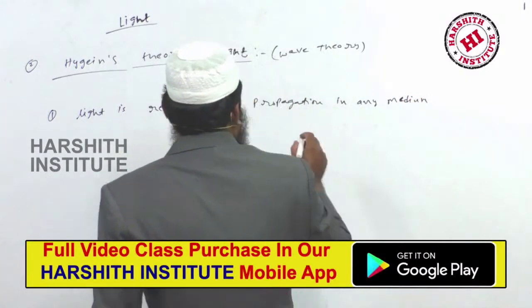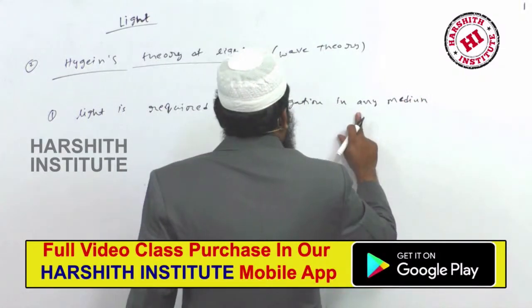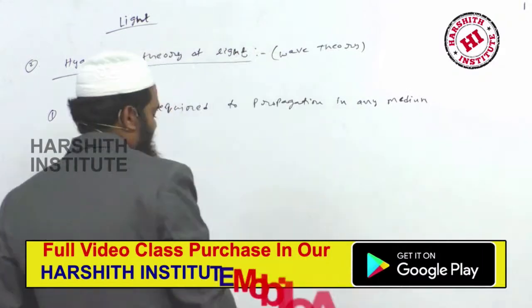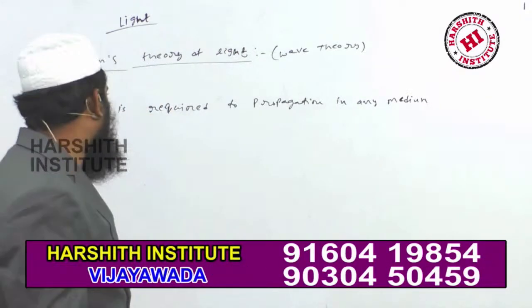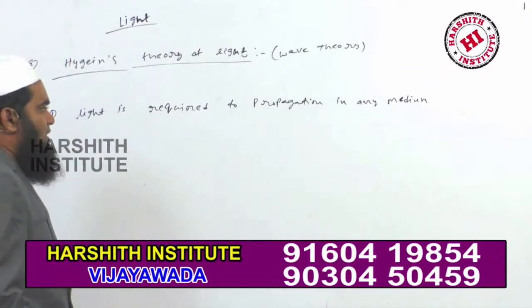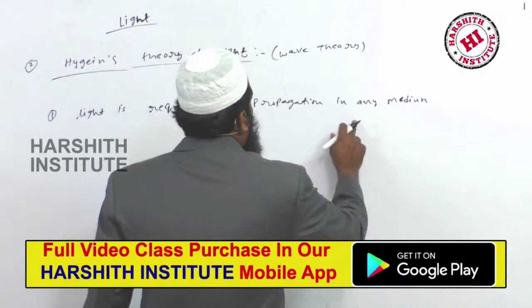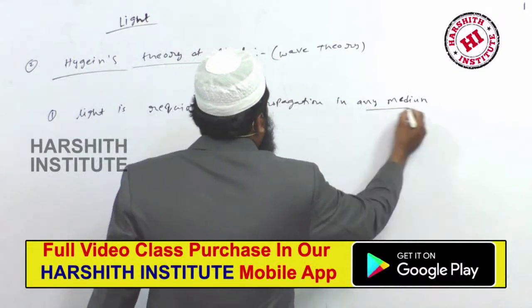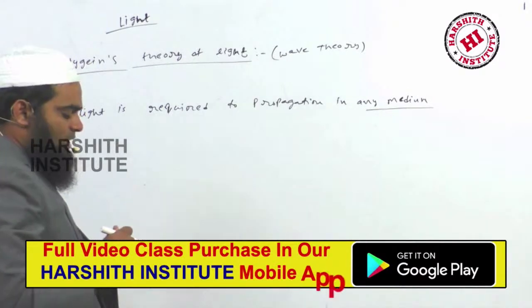Okay, the first condition they explain: the first one is that light is required to propagate in any medium. If any medium is present, light will propagate.